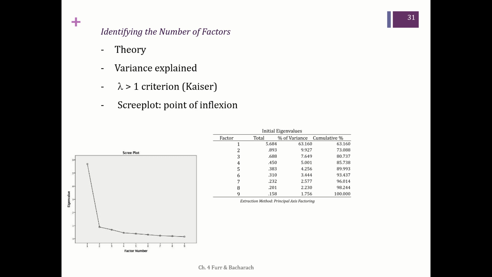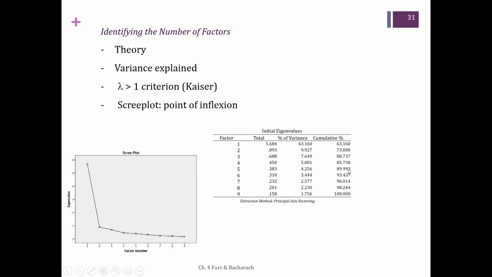The variance explained criterion checks the percentage of variance explained. It checks where the differences between successive factors in percentage of variance explained become smaller, and says, okay, if the increase in explained variance from one factor to the next isn't that large anymore, stop, basically.